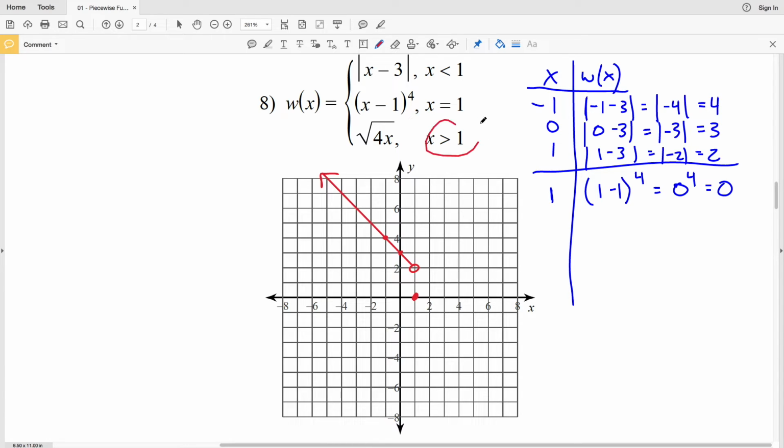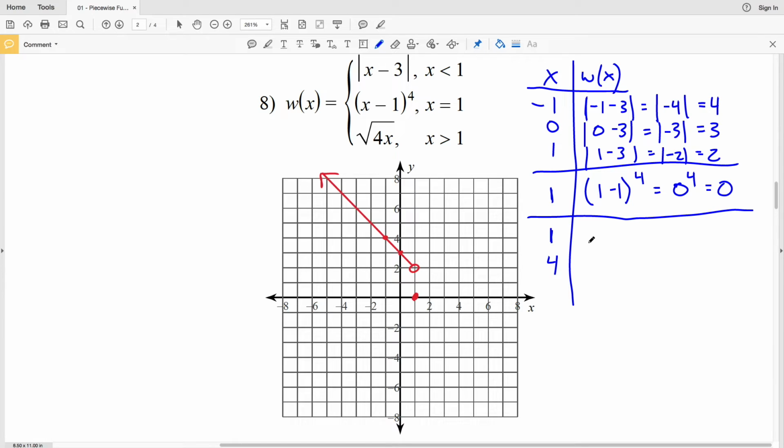So then we're going to fill in 1, 0. Now picking up after that, for x greater than 1, our function is going to take on the form of the square root of 4x. So I'll enter in 1 to see where that open circle will be, and then I'll enter in a point a little bit further along, 4, so that we can see the shape of that function.